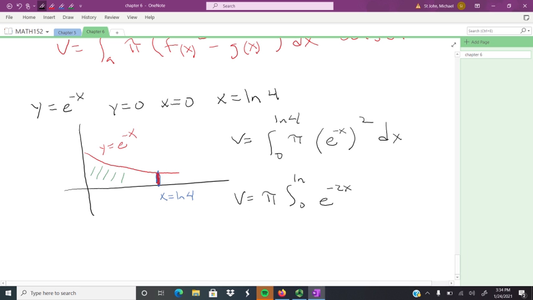Right. And so then if we do this, and again, ln of 4, this will be pi times minus one half e to the minus 2x, evaluated from 0 to the natural log of 4. And if you do this, you would end up with 15 pi over 32.